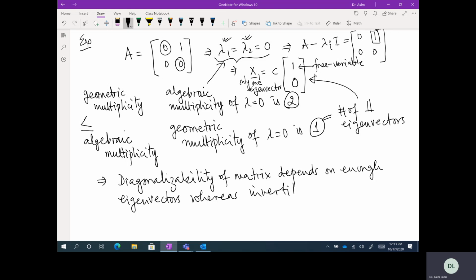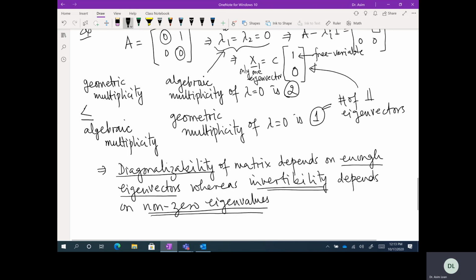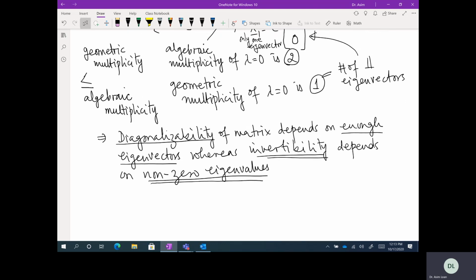Whereas invertibility, which means the inverse of a matrix exists, depends on non-zero eigenvalues. So these are two different things. Diagonalizability depends on enough eigenvectors, and invertibility depends on non-zero eigenvalues. So both are not related. You can have a matrix which does not have a full set of eigenvectors, but if it doesn't have an eigenvalue of 0, obviously it is still non-singular.